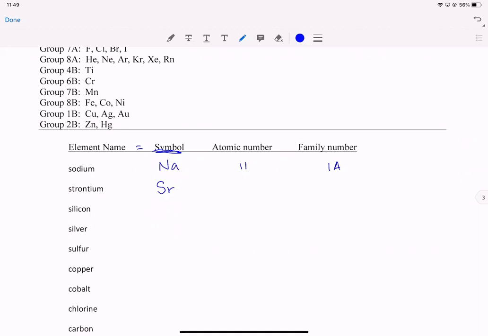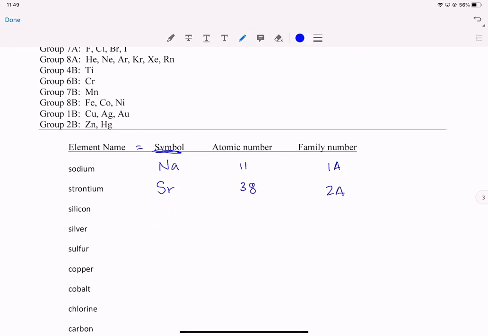The newer elements that were discovered tend to have the first letter of the element name. Okay, so strontium gets Sr, not St, but Sr. Strontium is in family 2A, and the atomic number is 38.